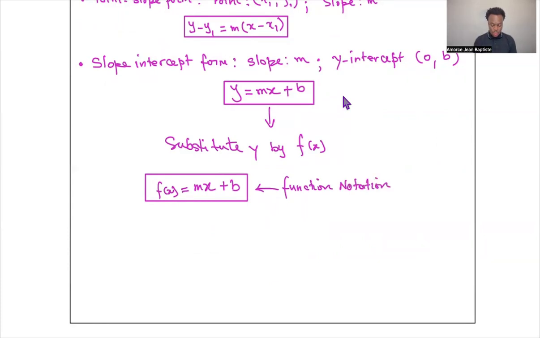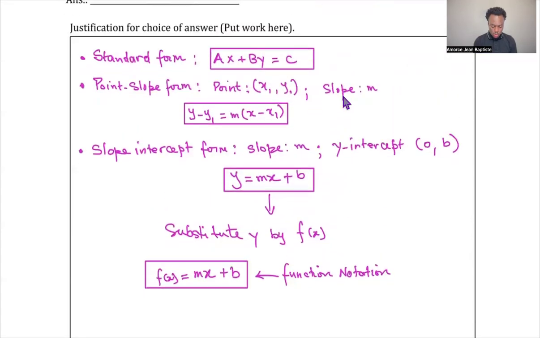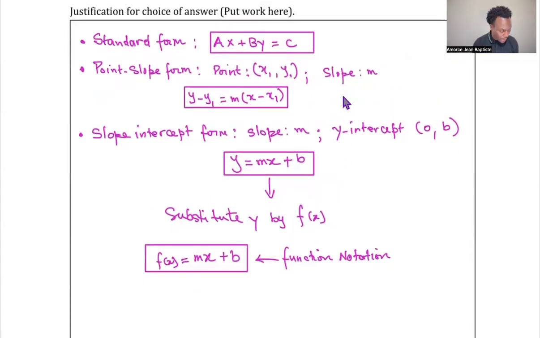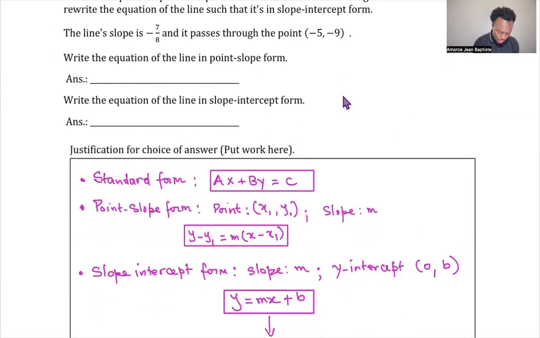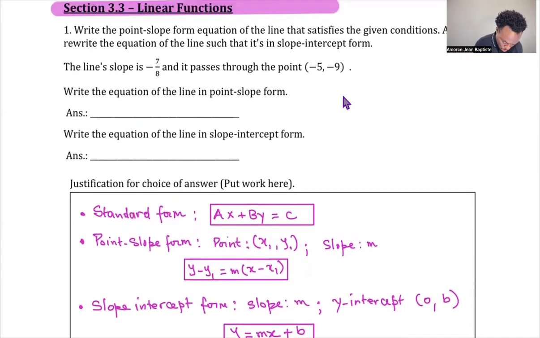Okay. Now, with this information, we can start with our first example here. Let's read this.